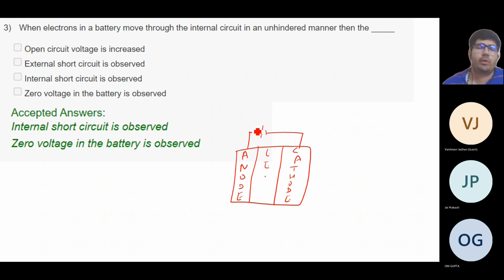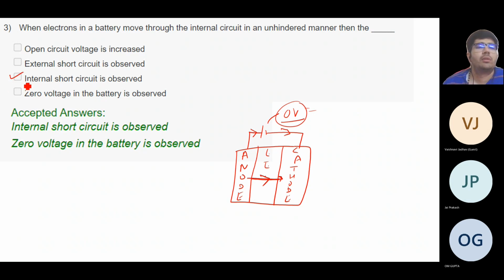If electrons are going through this way, it means there is direct contact of anode and cathode. There is a direct link between both, but basically there should be no link. There should be no direct contact between the anode and cathode. So what will happen? An internal short circuit is there. So from this short circuit, the electrons will flow through this way. So electrons are not flowing through the external circuit. So it means that there will be zero voltage in the voltmeter. Okay, we will get zero voltage in the output.